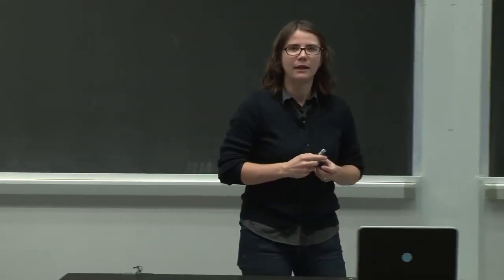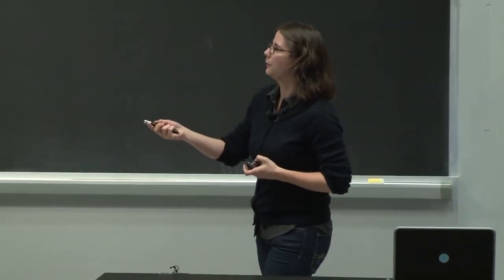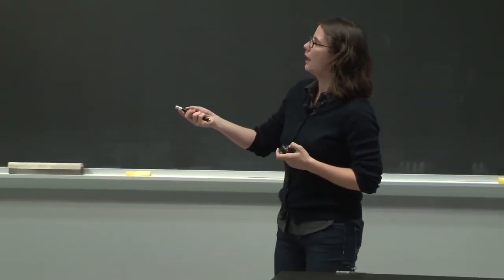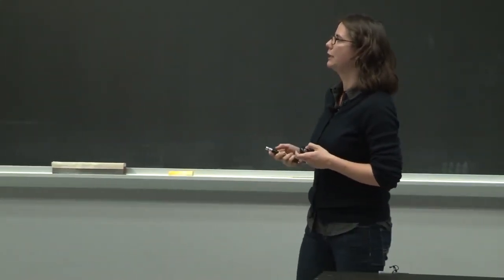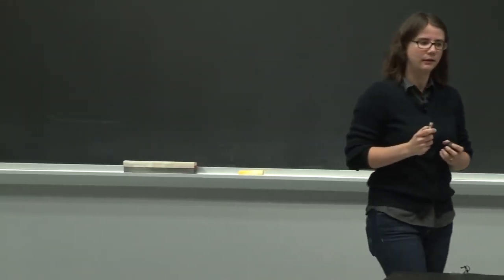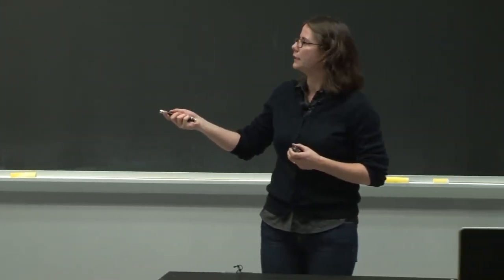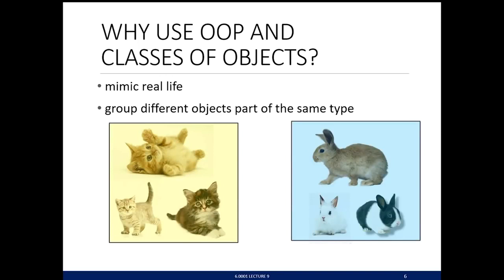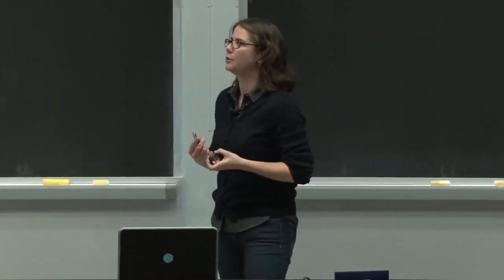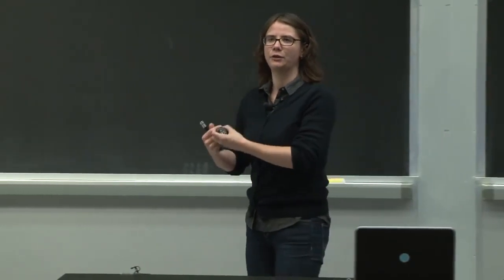And with object-oriented programming, using these attributes, I can group these three objects together and these three objects together. So I'm grouping sets of objects that are going to have the same attributes together.